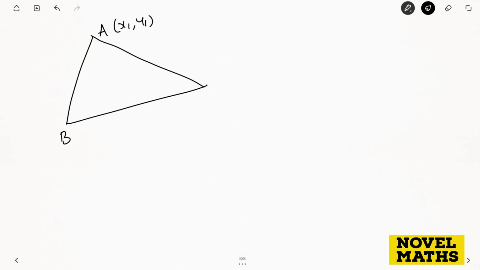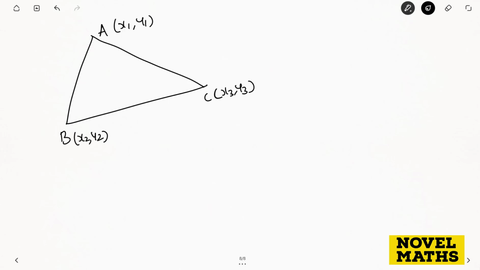Also, we'll discuss how we are solving this, right? What is the logic here? A is given x1, y1, B x2, y2, C x3, y3.